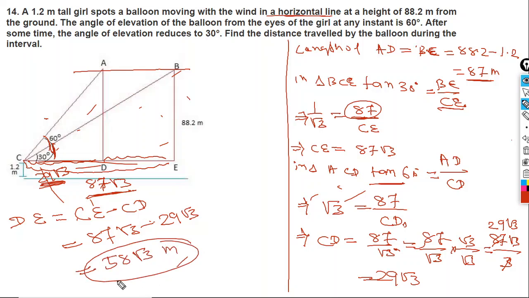So the distance the balloon has covered, this distance DE, which is also equal to AB, is 58 root 3 meter. So this is the solution. Now we will move to question number 15.